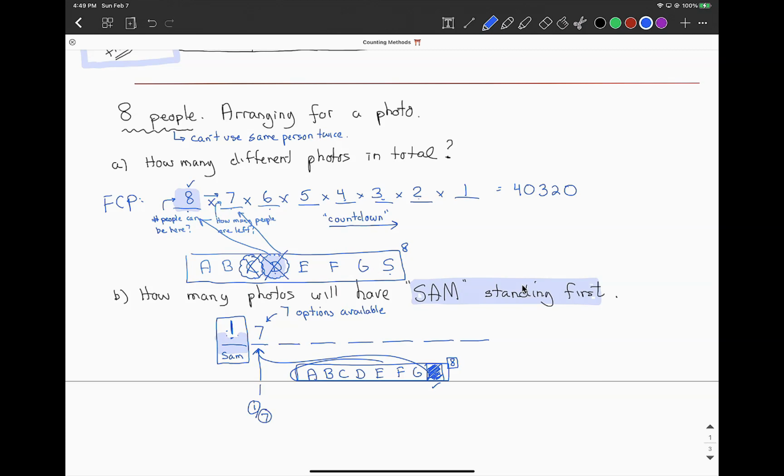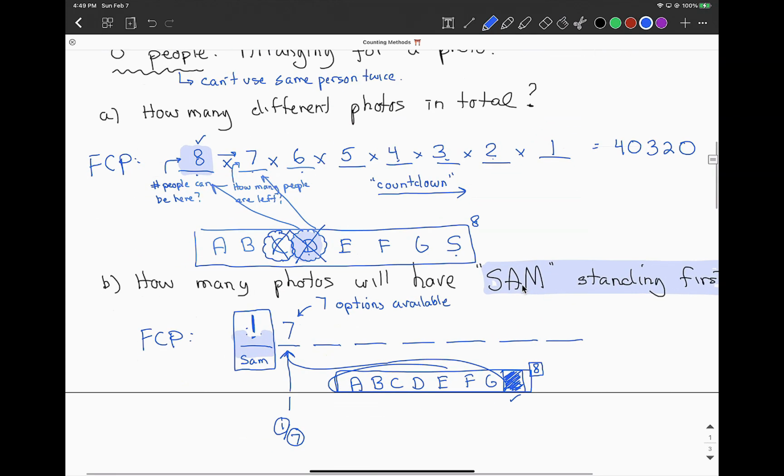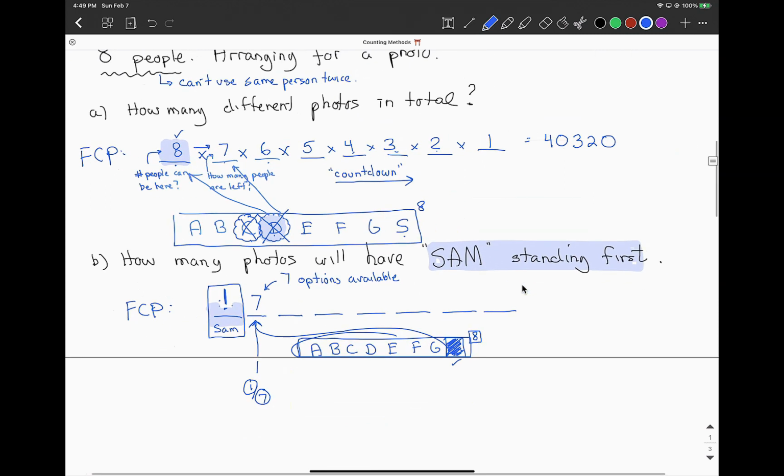And we say that there are 7 options available. And the fundamental counting principle gives us a really nice shortcut, a really nice way to come up with these answers without sitting there trying to figure out every possible variation.